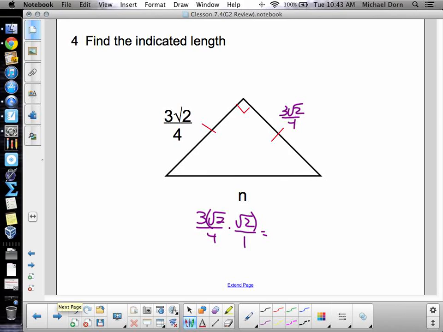Root 2 times root 2 is square root of 4, which is 2. So that's 3 times 2 over 4, or 6 over 4, which is 3 over 2. So not only do we have to get it written out, but we do have to simplify it. And that's how we do that.